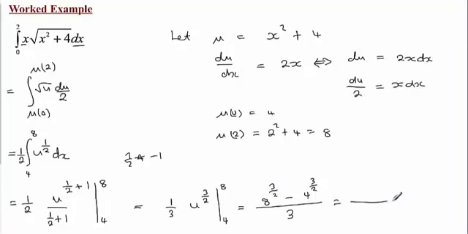So we're going to write this as a fraction of that. Then we've got square root of 8 to the power 3 minus square root of 4 to the power 3. I hope you can use your calculator to simplify that, and we've got that as a value.